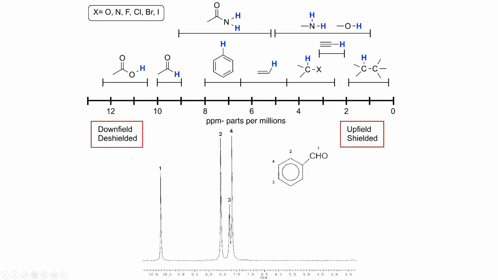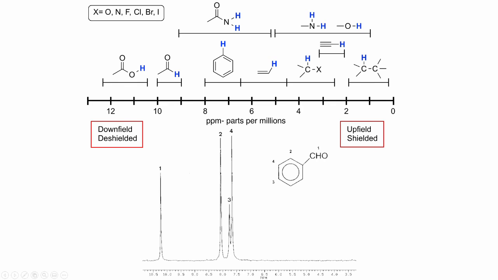Remember, for an NMR, we're checking the different types of hydrogens that are on our molecule. If we look at benzaldehyde right here, there are four different types of hydrogens.